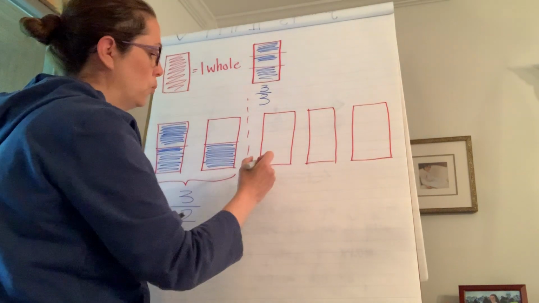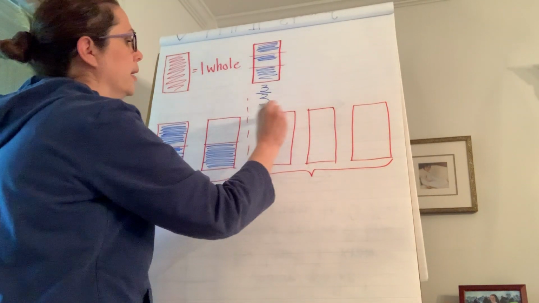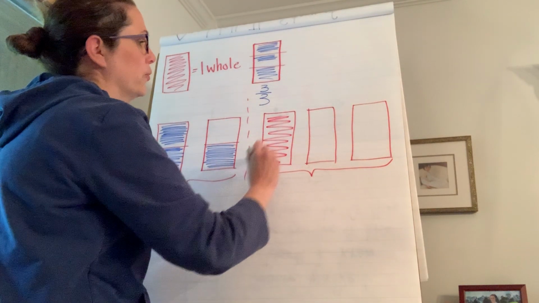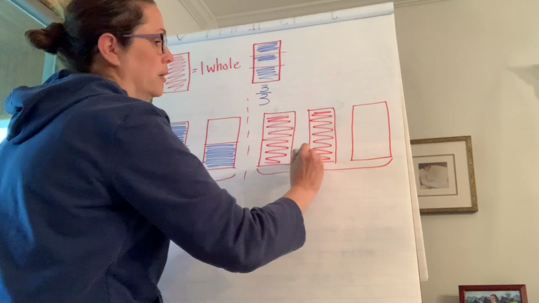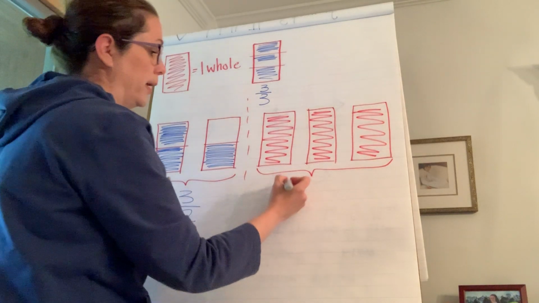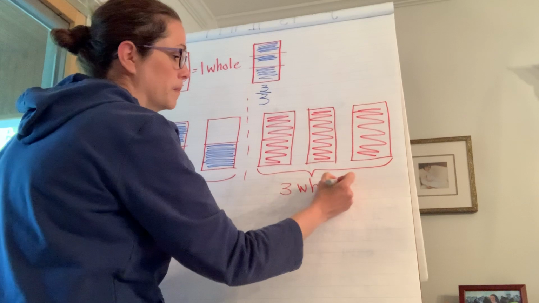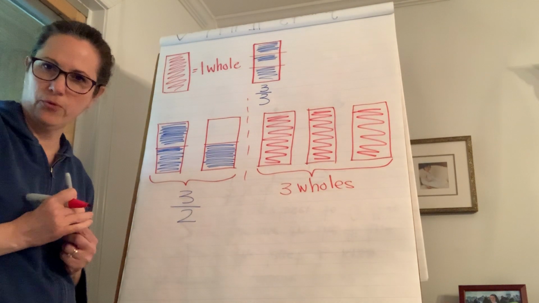And if this is one whole model, and all 3 of them are shaded, what fraction is shaded? Well, here's what I know. There's 3 wholes, right? So I could say 3 wholes are shaded. So what is that fraction?